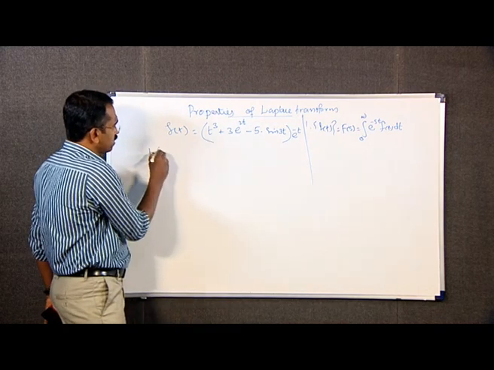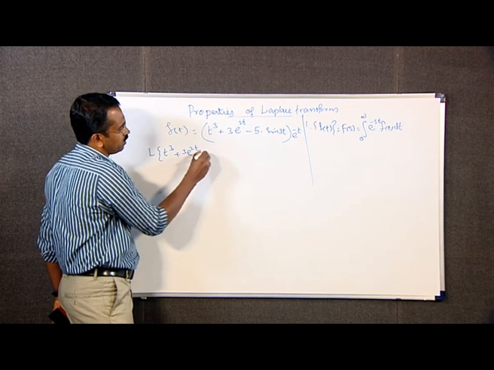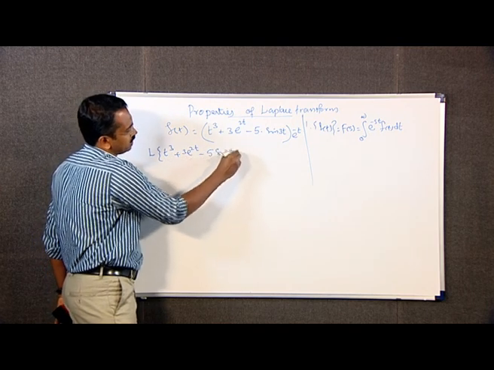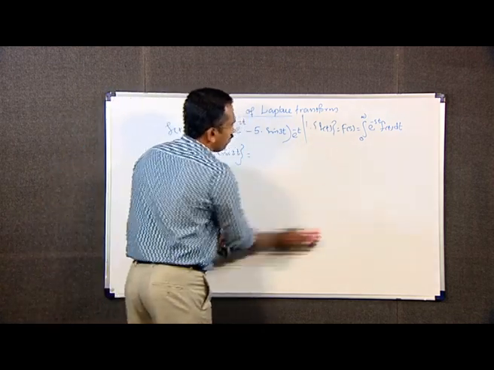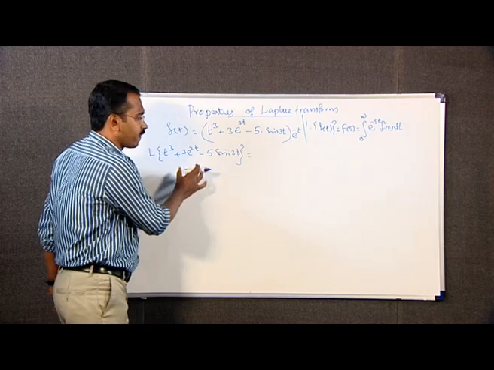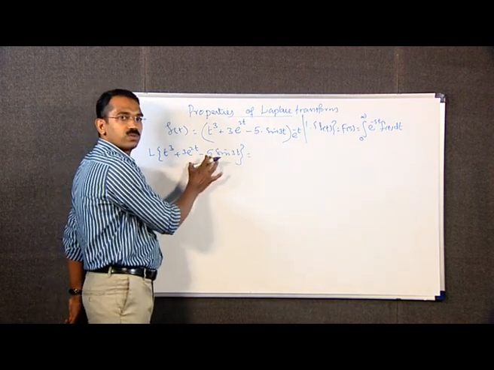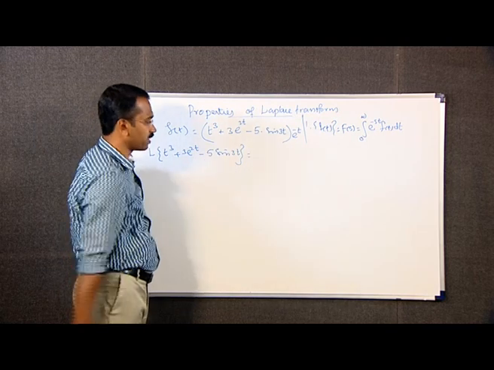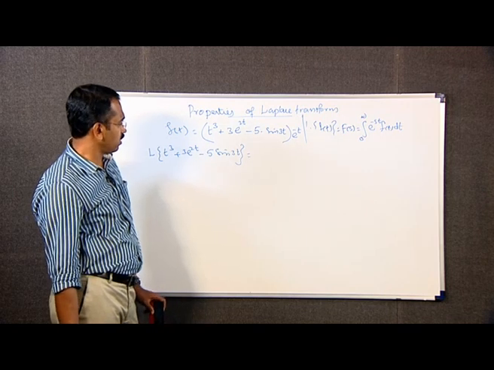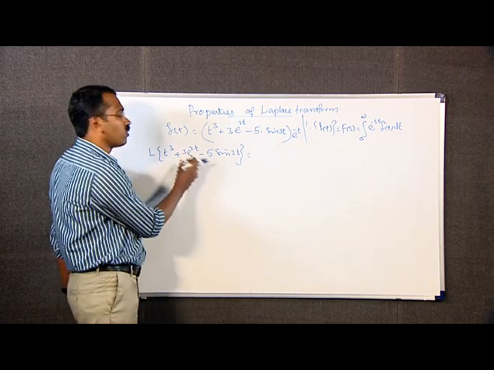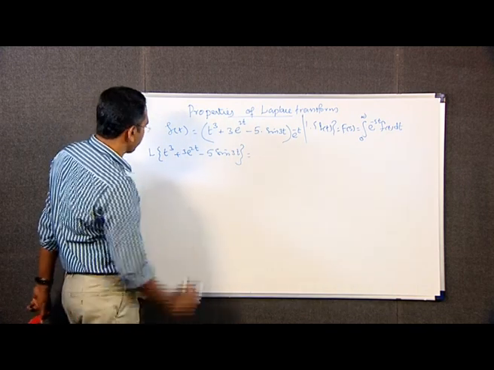Therefore, Laplace transform of t cube plus 3 e raised to 2t minus 5 sin 3t can be written, by the linearity property, as the corresponding Laplace transforms of the individual terms, and the corresponding constants from each term can be taken outside.